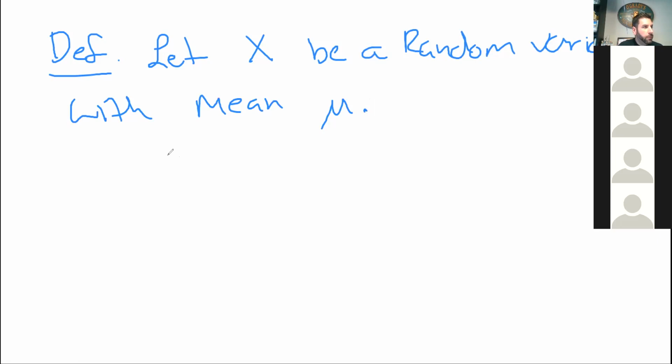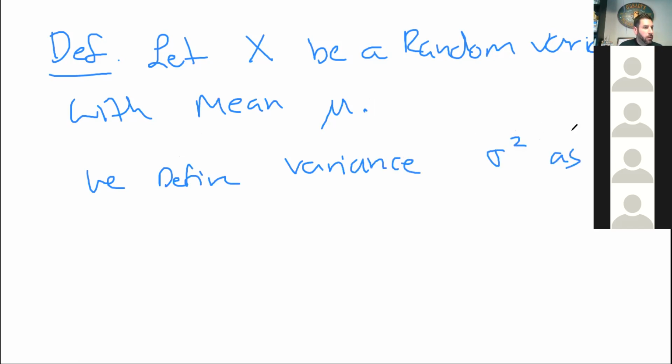So what is the variance? Well, we define the variance, and remember the variance is usually sigma squared, as the following. We have to use some scary notation.